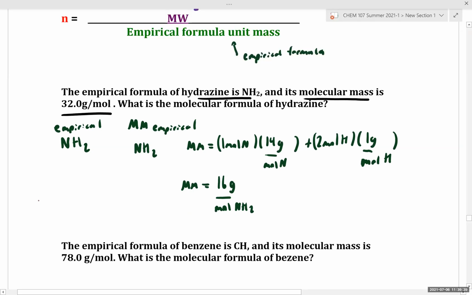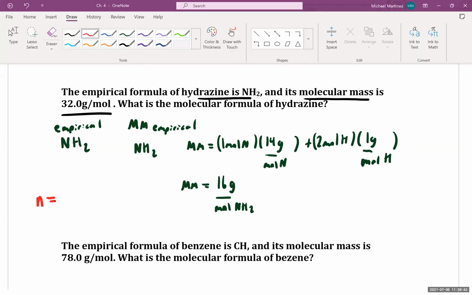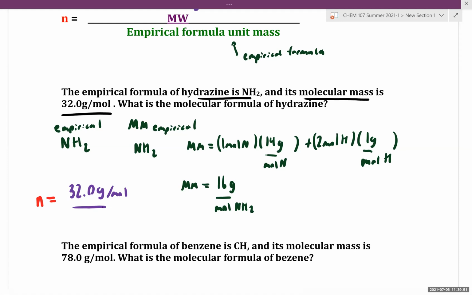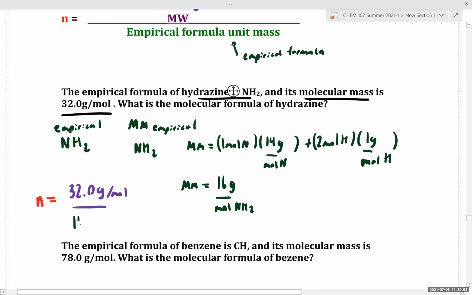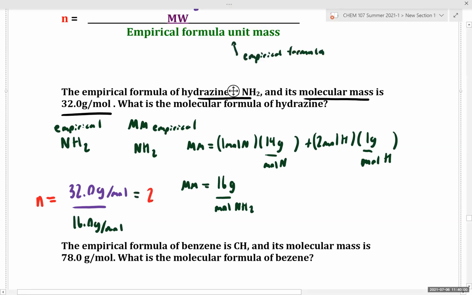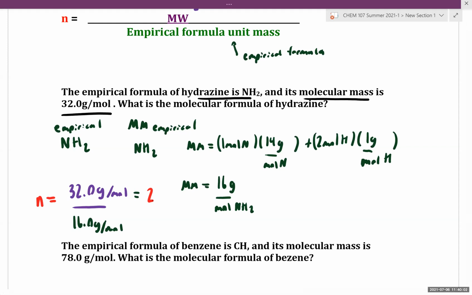Okay, so we have our empirical formula mass. Now we can calculate n. To calculate the number of empirical formula units, we take our molecular mass and divide it by our empirical formula unit mass, 32 over 16, which gives us an n value of 2.